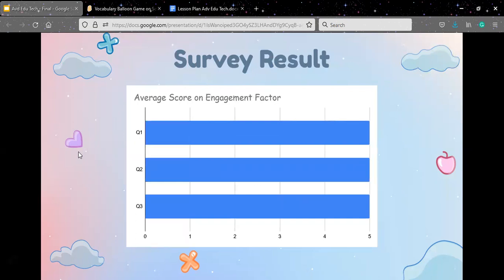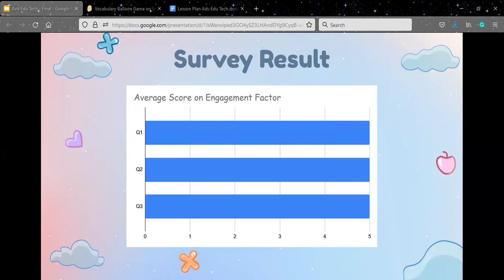And the last is the average score on the engagement factor. It includes three statements: how the participants liked the overall theme of the game, how they found the learning object motivating them to learn, and whether they will use the game again in the future to learn English vocabulary.